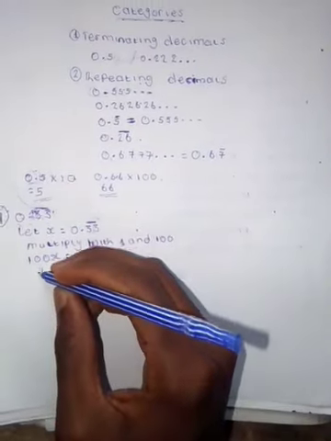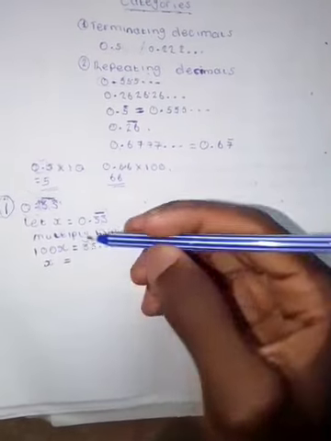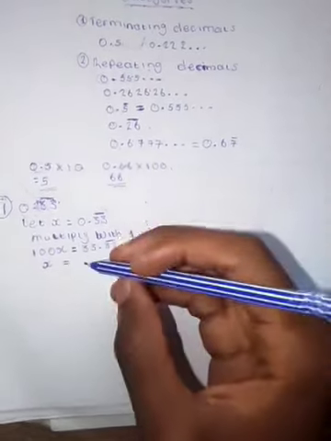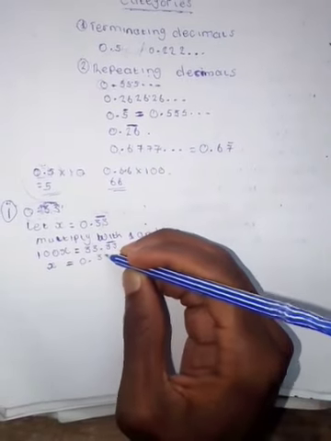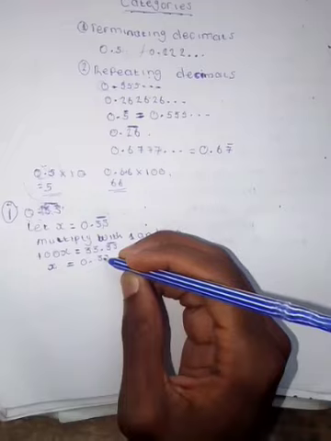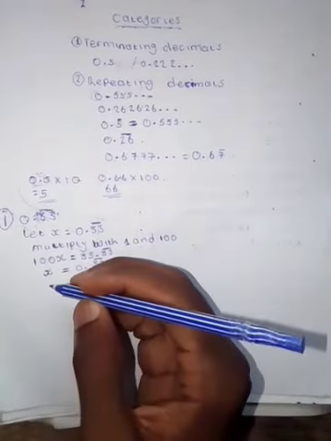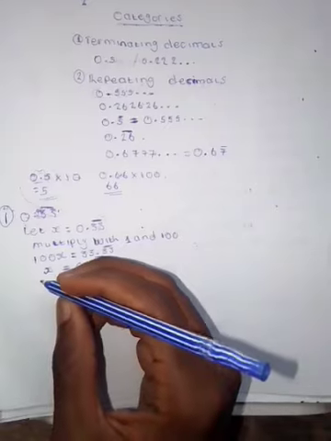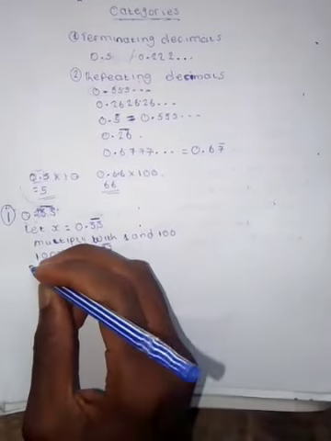So here we are going to have, we're just going to write the same value, 0.33, like this, and then we now subtract.